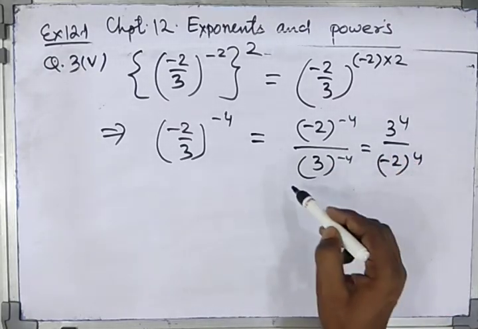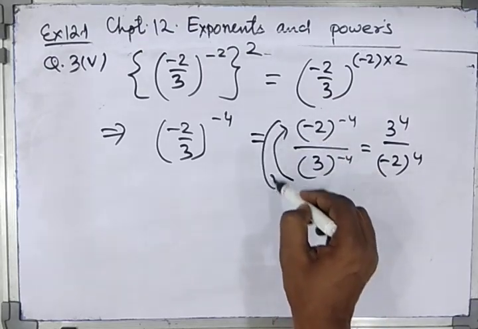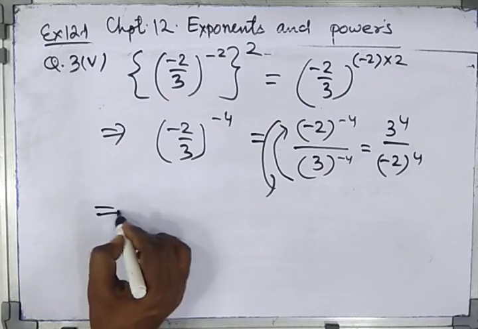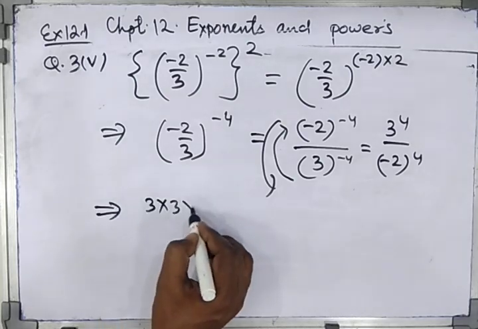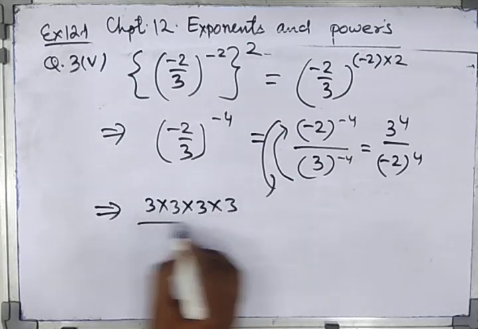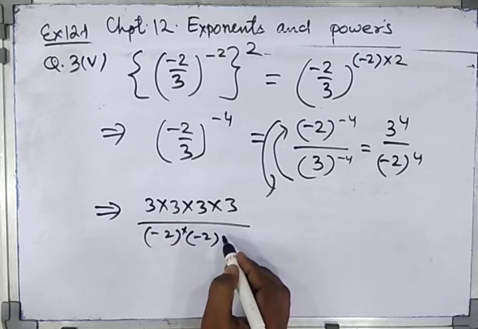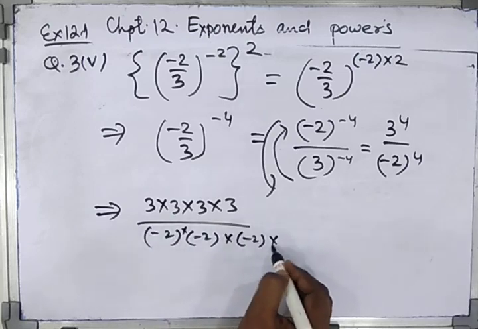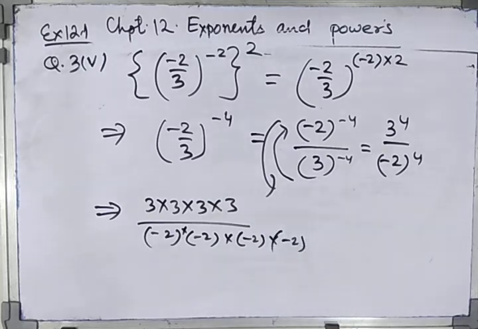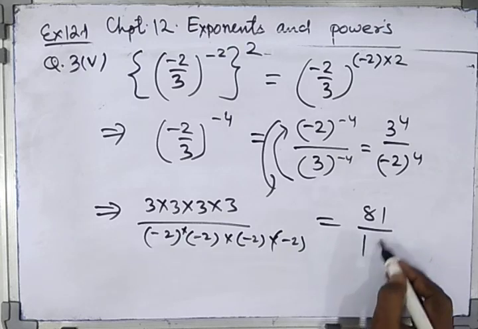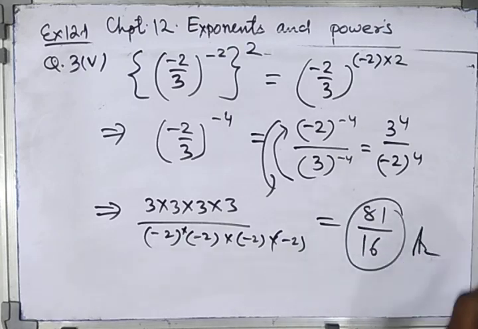Exponent is negative, so interchange the numerator and denominator, then the exponent is positive. This will be equal to 3 into 3 into 3 into 3 and minus 2 into minus 2 into minus 2 into minus 2. So this will be equal to 81 by 16. This is the required answer, students.